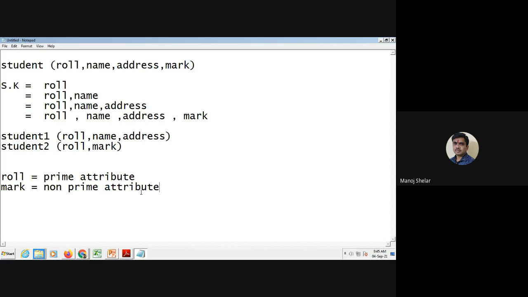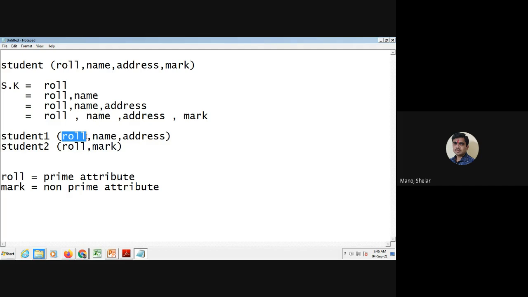What is the condition of second normal form? Non-prime attributes are fully dependent on the relation key; then the database is in second normal form. Here, mark is a non-prime attribute dependent on roll number, which is the key attribute.